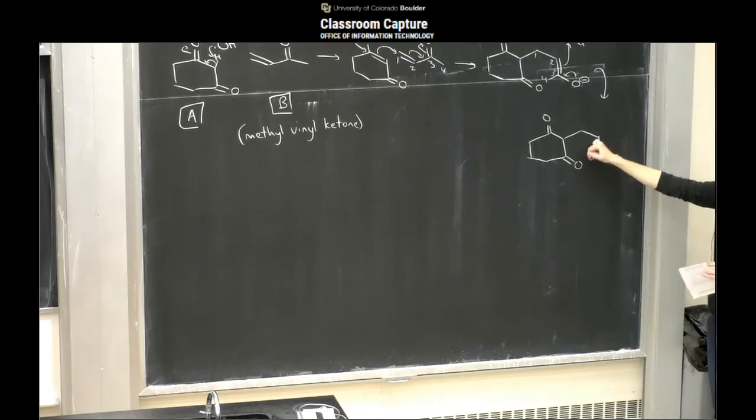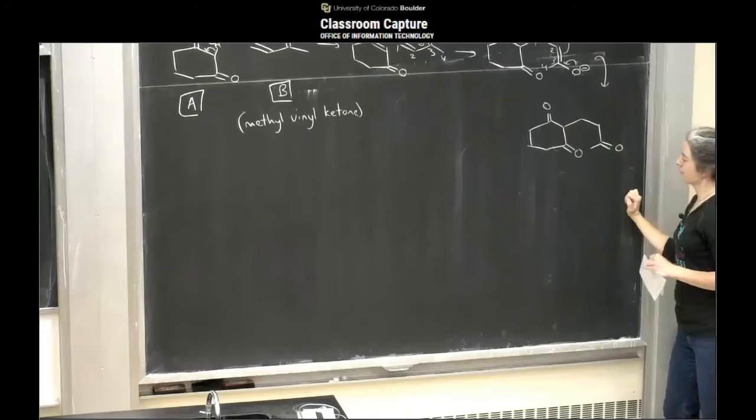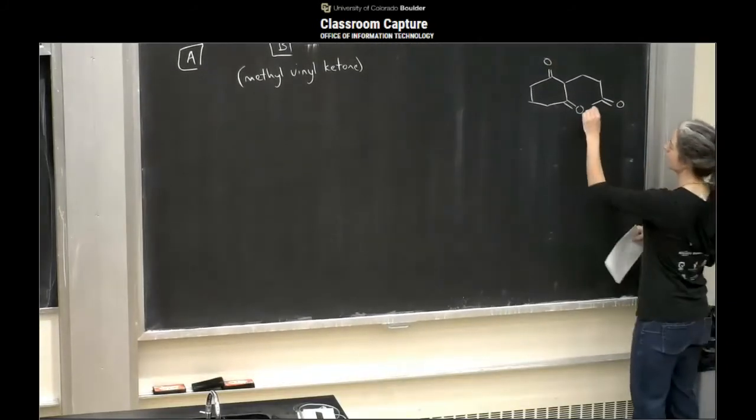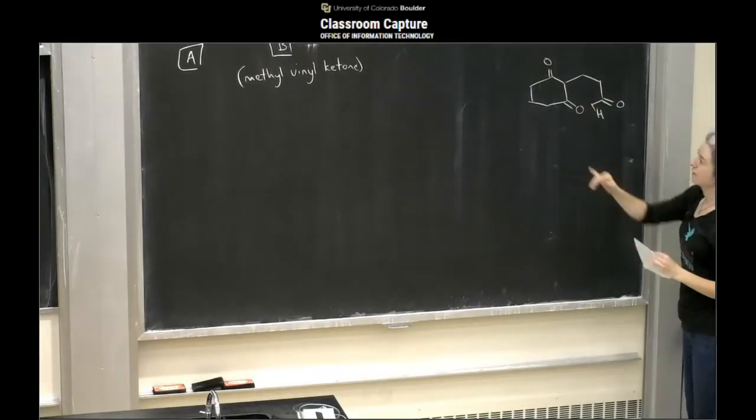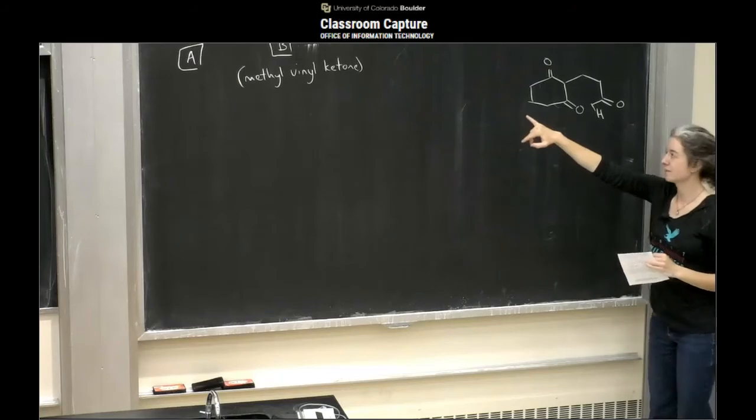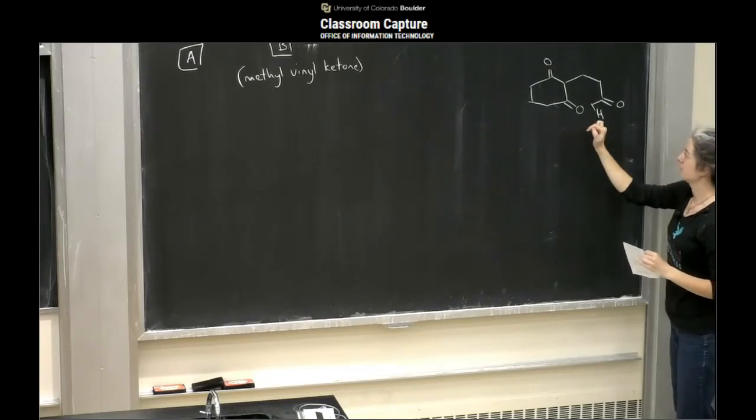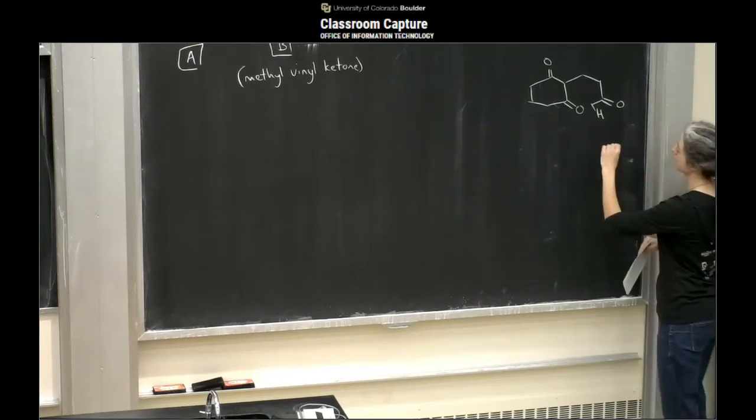So I could deprotonate either of these alpha positions here on B, but if I want to make a ring that's the ideal size for stability, I'm going to want to deprotonate these ones down here. So this is why the methyl group on the right end of B was necessary, or something with at least one alpha H, because I've got to deprotonate there next.